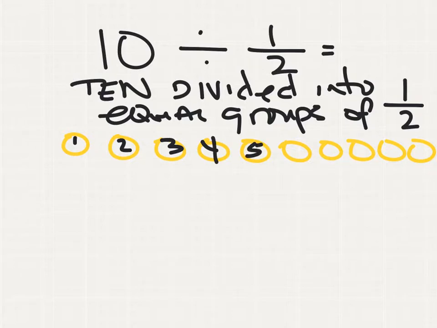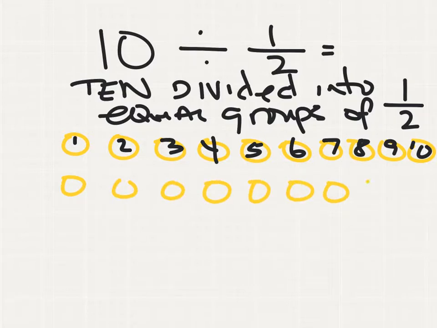I have 10 full counters that I am now going to divide into equal groups of 1/2. So I could just repeat the same 10 counters below. These would be exactly the same. The picture on top with 10 full counters, the picture on the bottom with 10 full counters.